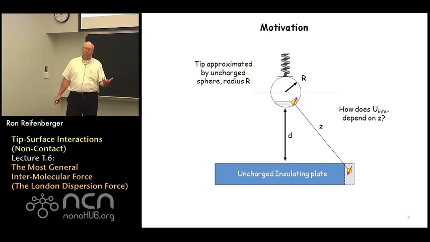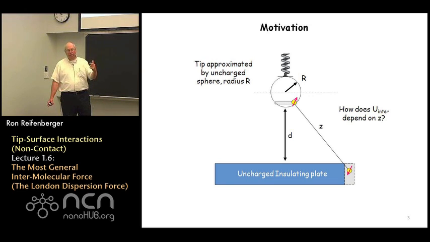It's important to keep the motivation behind all of this discussion in mind. Ultimately, we're trying to estimate the interaction force between a tip, which is approximated by a sphere, and a flat substrate, which could be insulating or conducting.